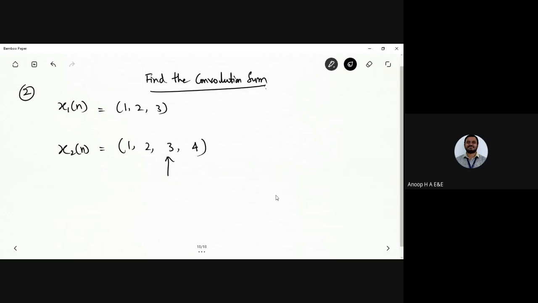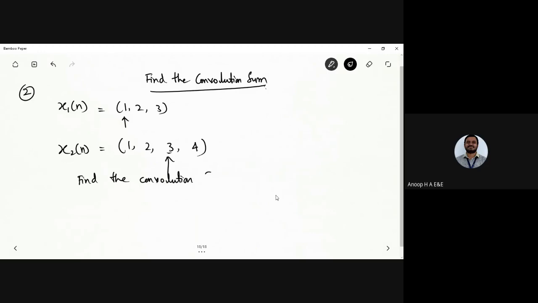This is x2 of n and this one is x1 of n, where the origin is at 1 and the magnitude is 3 here. Find the convolution sum.